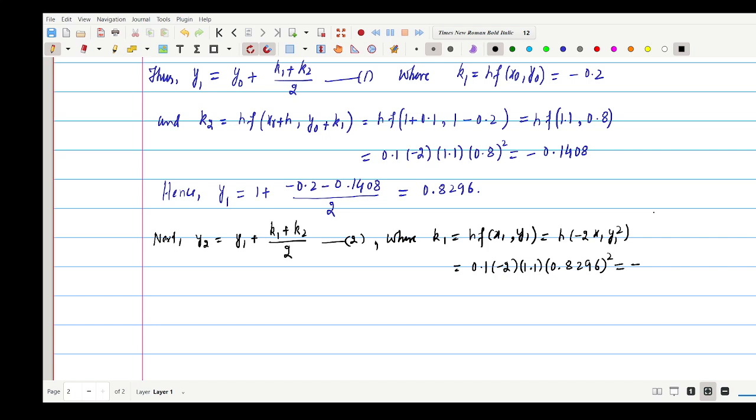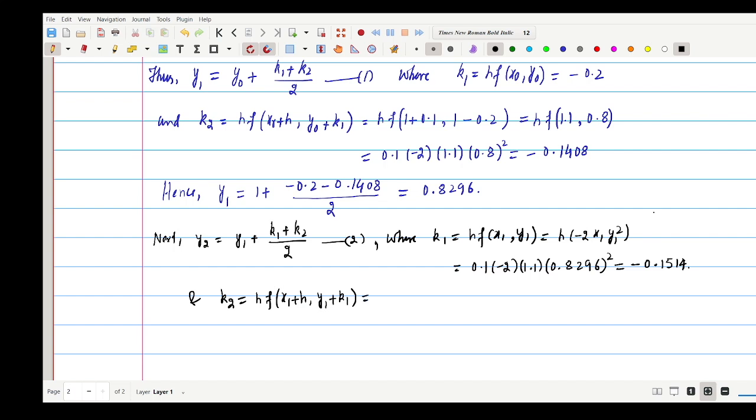So in our y2 the value for k1 is minus 0.1514. That is the value for k1. And second, k2, which by definition is equal to h f of x1 plus h, y1 plus k1.